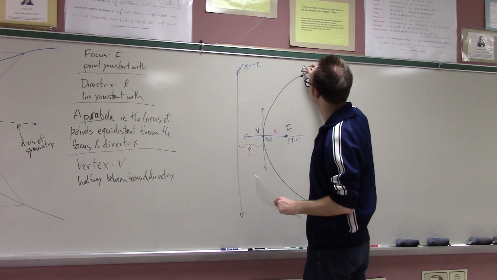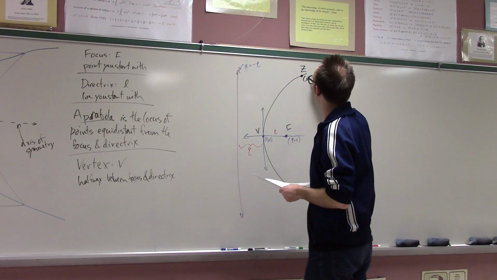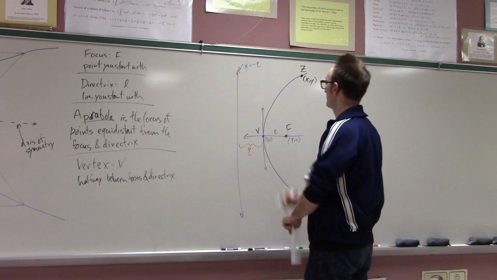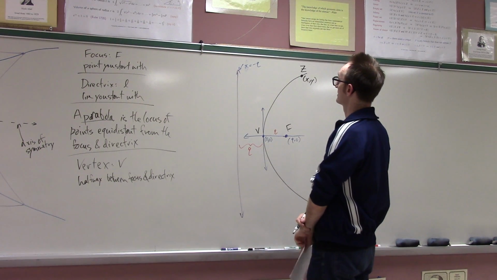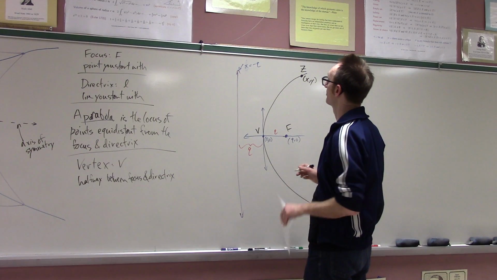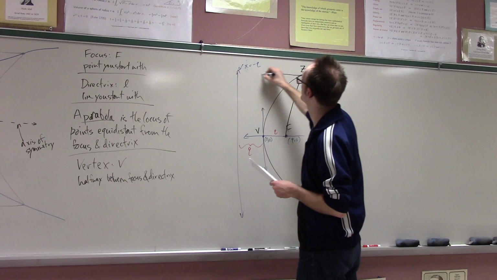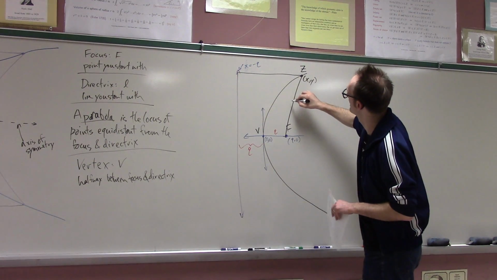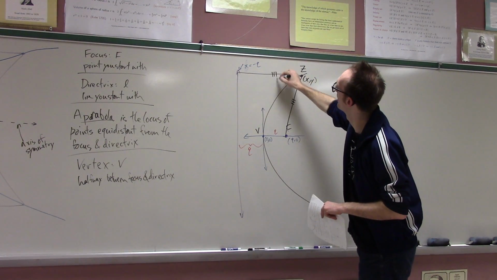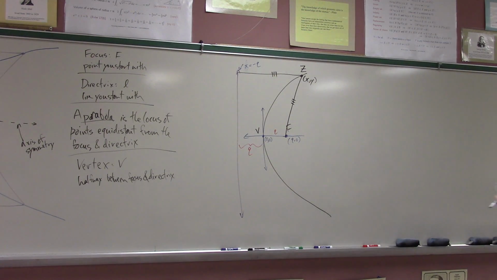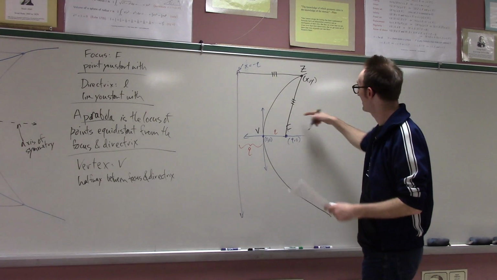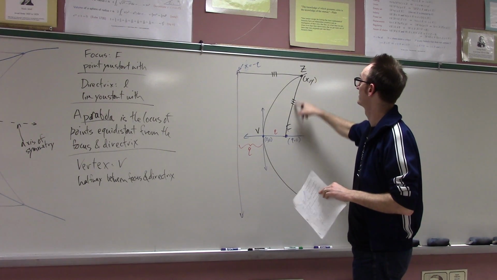So let's pick this arbitrary point Z with coordinates x, y, and if you can tell me what's true about this point, then you'll have told me what's true about every point. The only thing that I know to be true about this point Z is that its distance to the focus is equal to its distance to the directrix. And what is this distance?